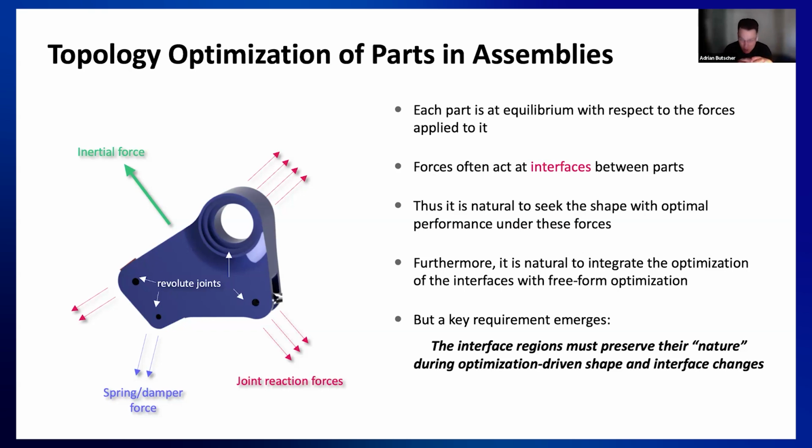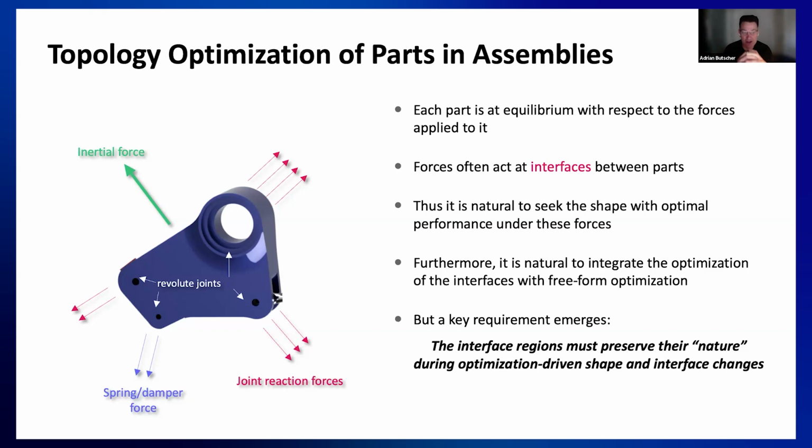But now, if you pose the problem in this way, a key requirement emerges, which is that in the process of doing topology optimization, the nature of these interface regions has to be preserved. Just to say that in a different way, remember the topology optimization will alter the shape of this part. Well, it can't alter the shape of that circular aperture for the revolute joint very much, because then it ceases to function as a circular revolute joint.